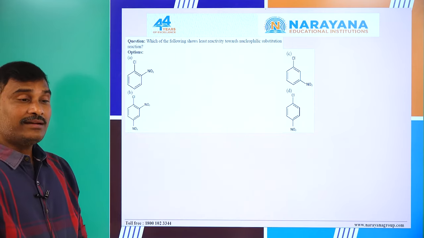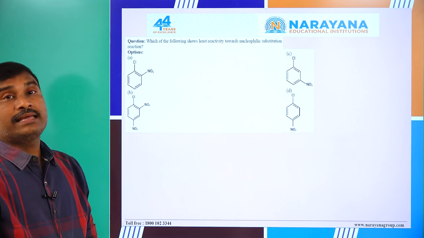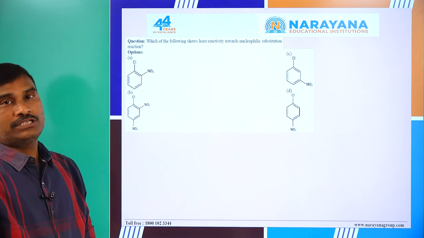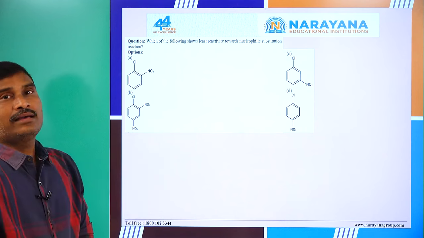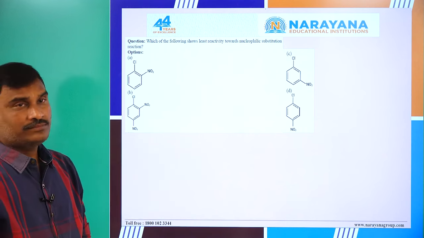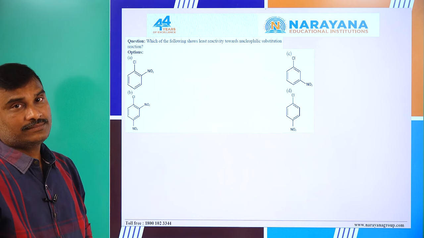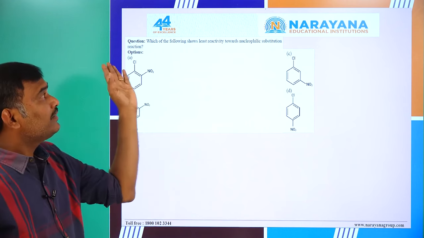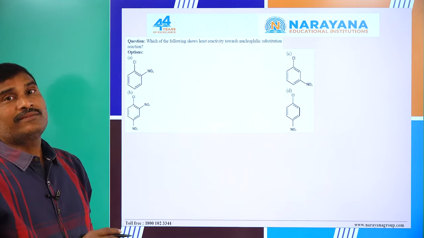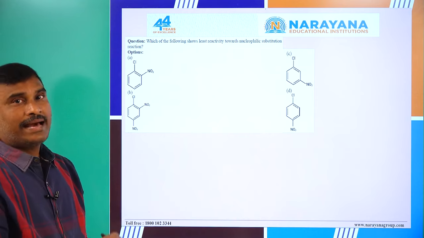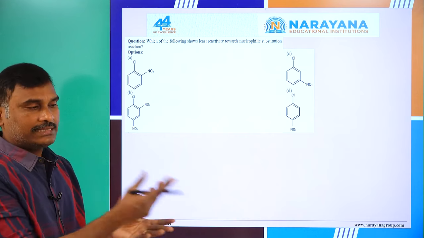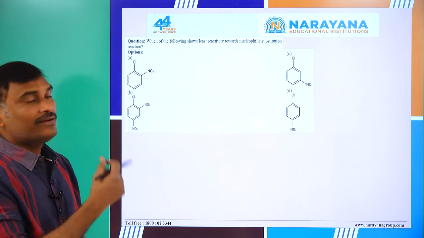But whenever an electron withdrawing group is at the ortho or para position, it facilitates the easy attack of the nucleophile, as we have discussed previously. So the aromatic nucleophilic substitution becomes faster.